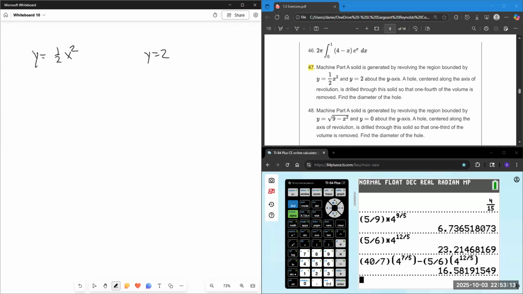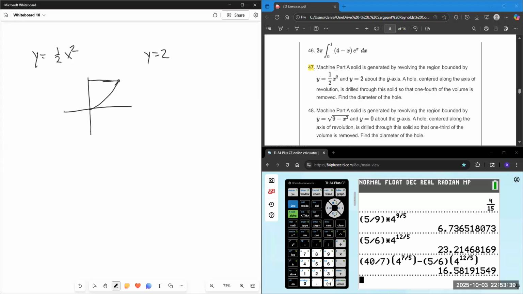I'm only going to draw one quadrant of this because it's an even function that's symmetric to the y-axis, and I'm revolving around the y-axis. So I don't want to double the volume that I'm supposed to have. If I take this part and revolve it all the way around the y-axis, I get everything for my volume.